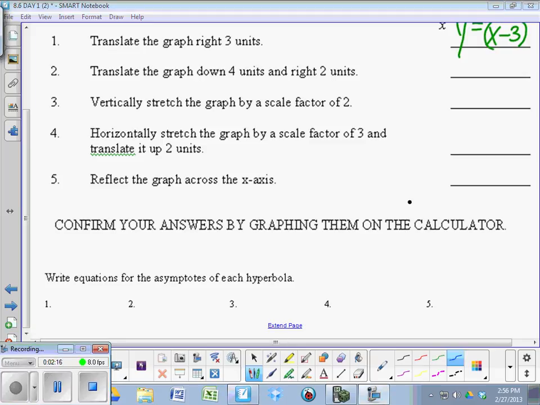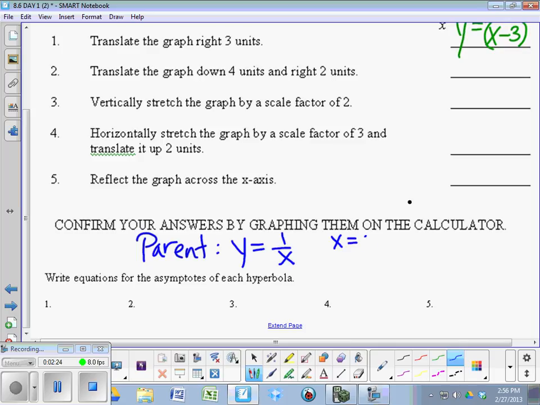Normally, on the parent function, you can write it in the space here. In the parent function 1 over x, the asymptotes are 0 and 0. But if the graph slides right 3, the new asymptote is x equals 3. If it did not slide up or down at all, did the y asymptote change?